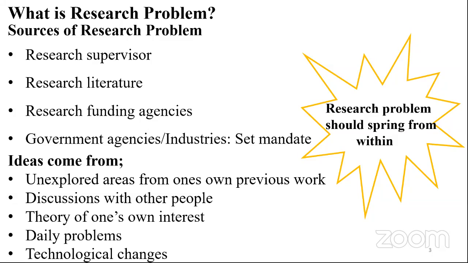Nobody has worked on it, and so on and so forth. All these make the research problem. The research problem is the focus of research, the main reason why somebody is engaged in the field of research. And identification and formulation of a research problem is the starting point of any research activity.